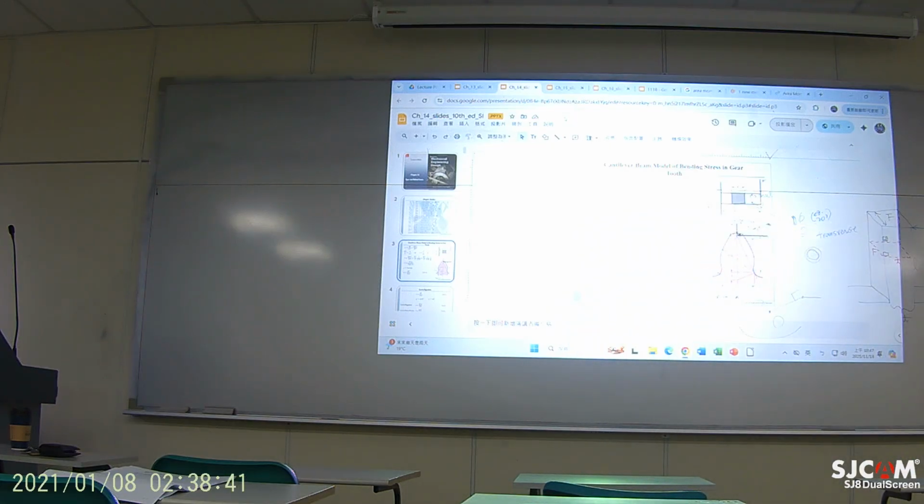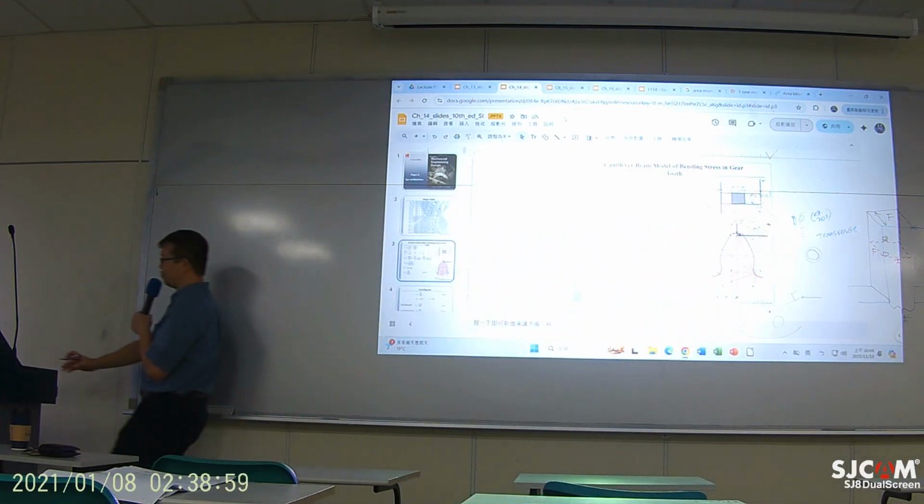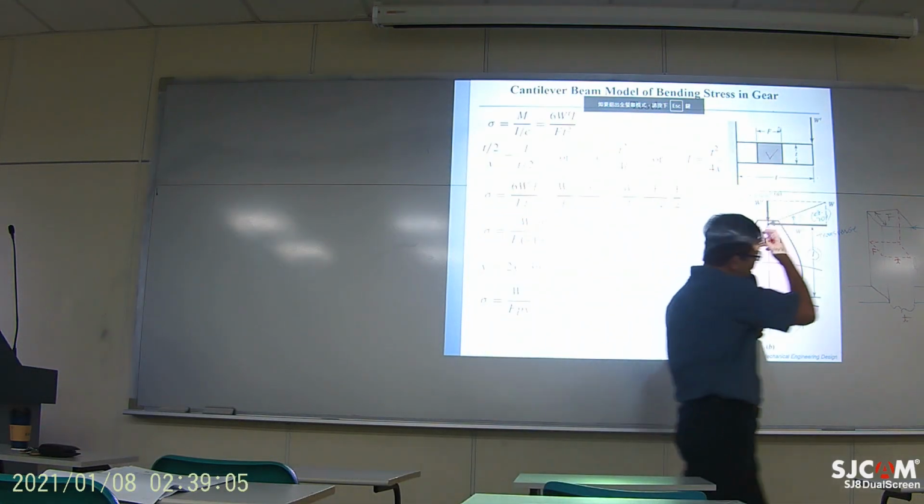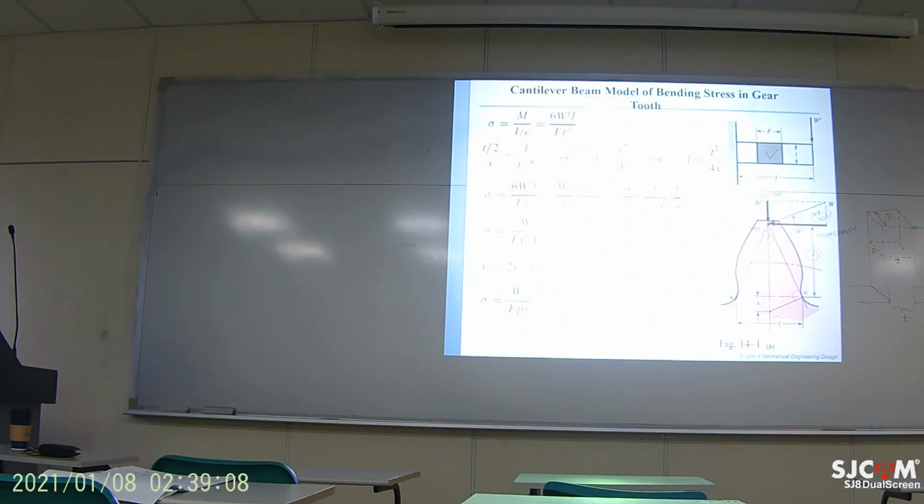So BH cube, right? So in my case, in the cantilever case, now H is T and B will be F. So this becomes F times T cubed over 12.